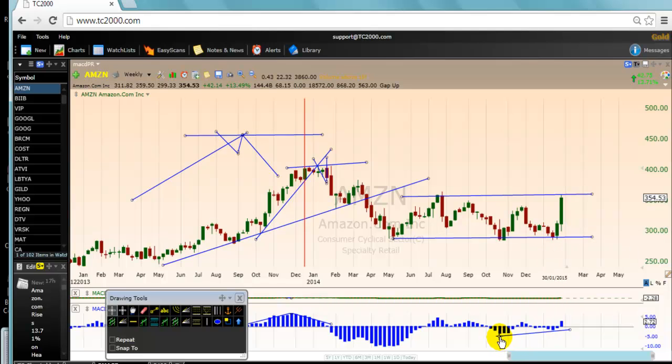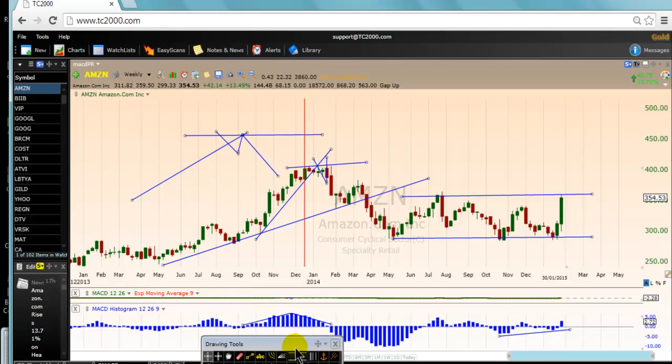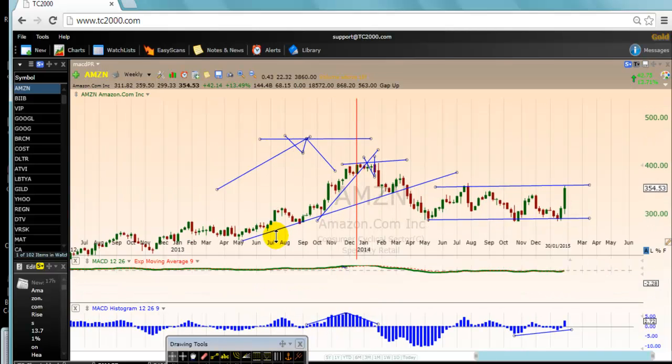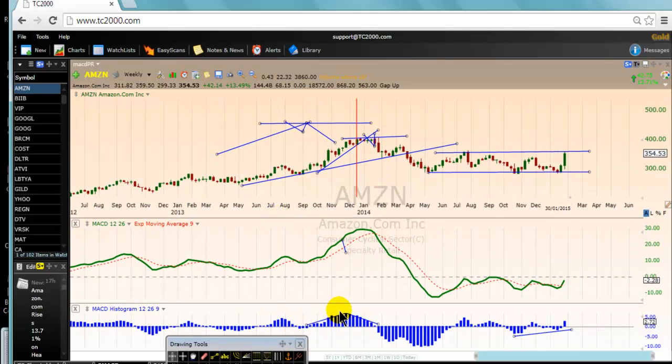So traders also use the divergence of the histogram, bullish divergence and bearish divergence. The purpose of the MACD histogram is a kind of indicator of another indicator. The histogram is the indicator of MACD itself.